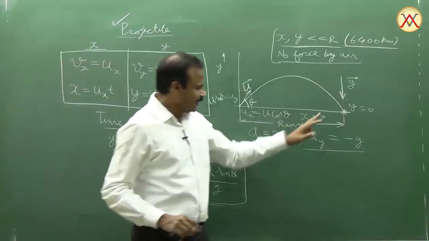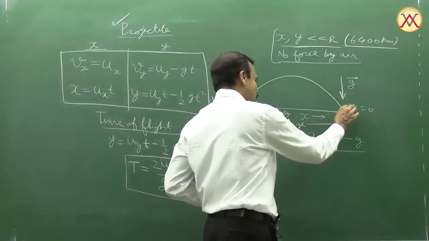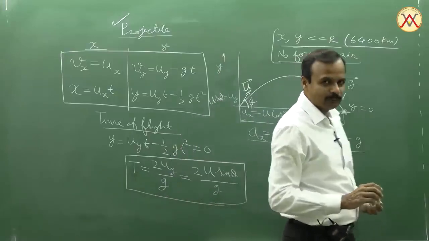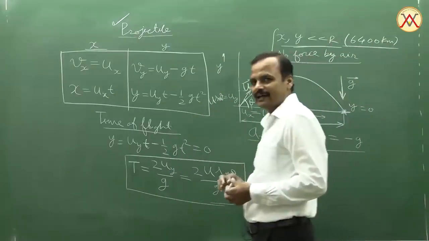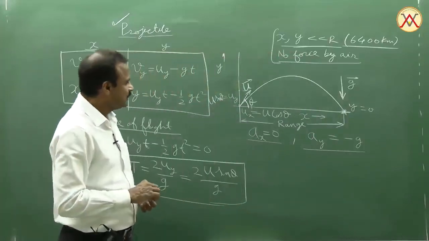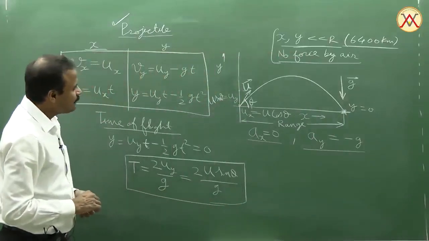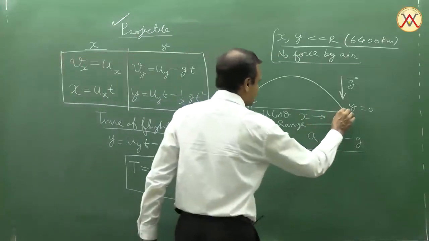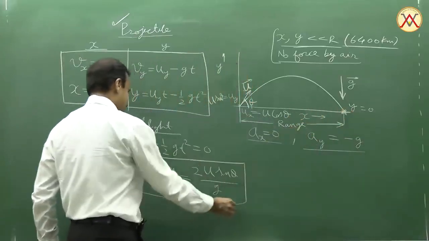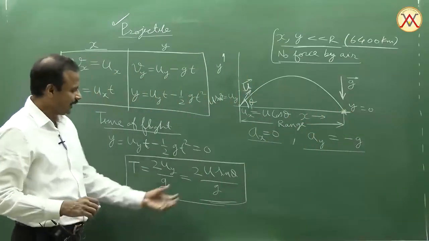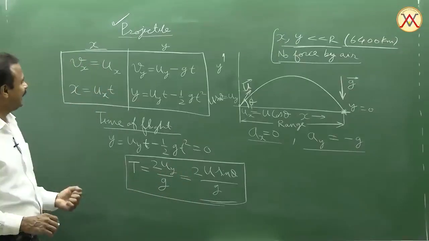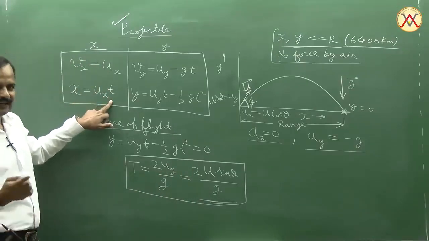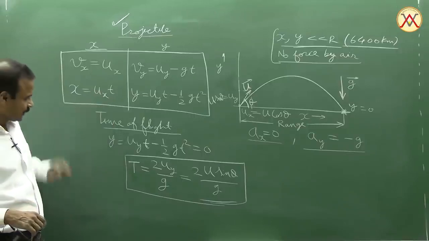Now, range is what? It is basically the x coordinate of the point of impact, the x coordinate of the point where it landed on the ground. And I already know the time for this point. So, what I can do is I can put the value of this time in x coordinate, and that should give me range. All right.